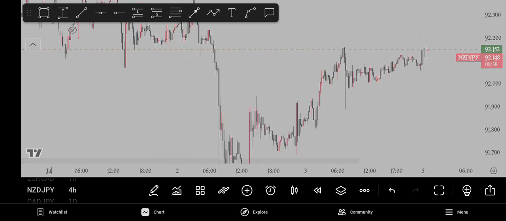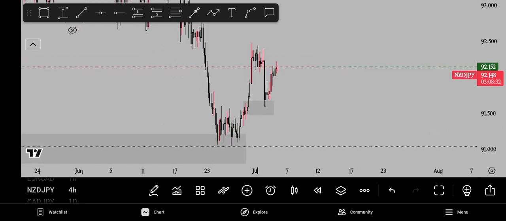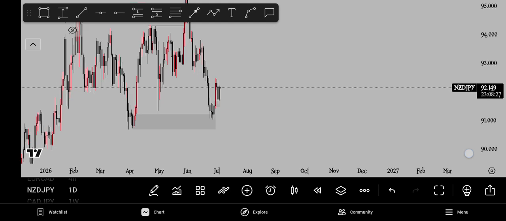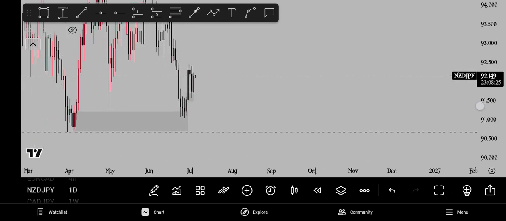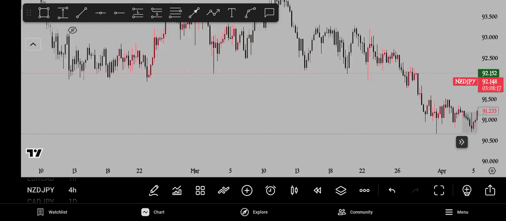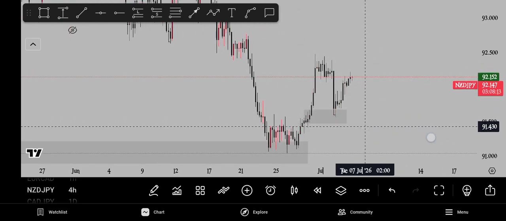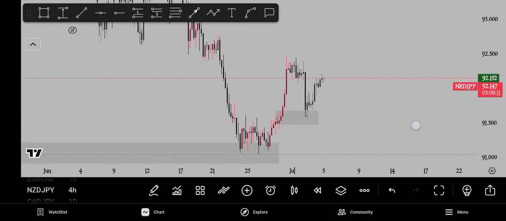Coming back to NZDJPY, from the daily time frame we are bullish. Price already tapped into this demand and is already pushing up.